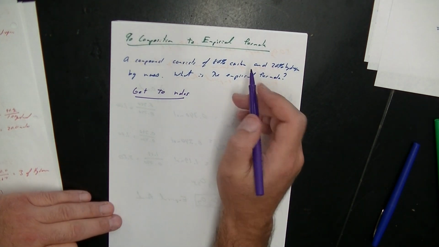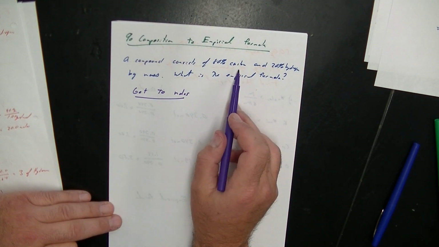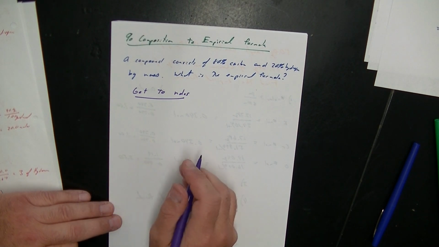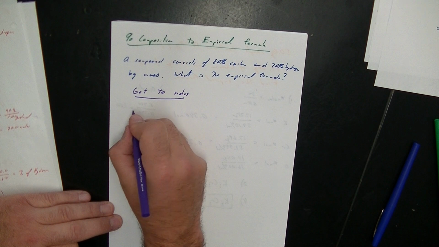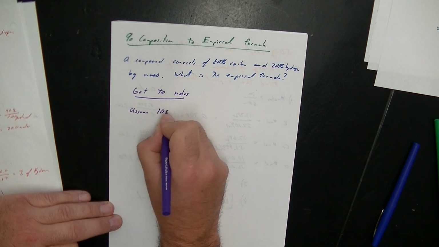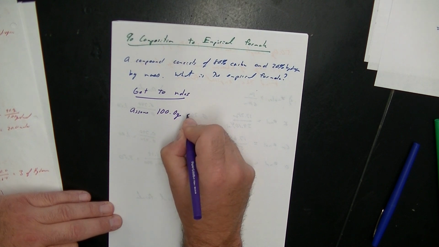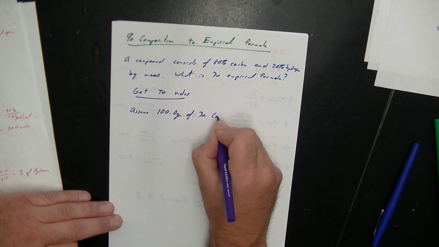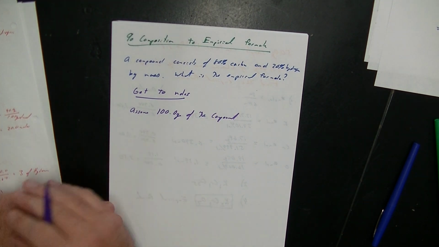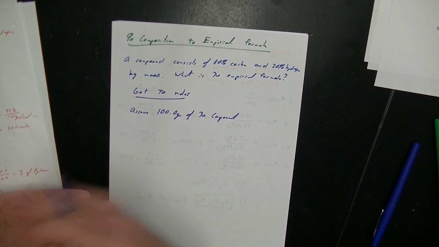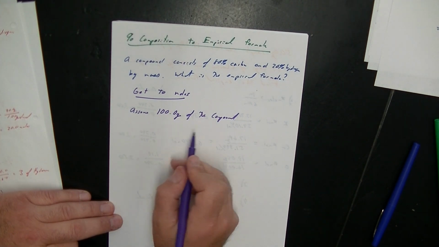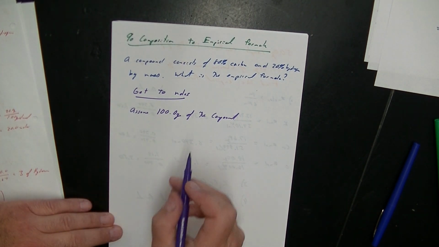So I know that 80% of the sample is carbon and 20% is hydrogen. So in this case, I'm going to assume I have 100.0 grams of the compound. Now I used 100 because it's simple. I could have used 150, I could have used 7, it doesn't matter. But I'm going to assume 100 because you're going to see how it makes it easy.